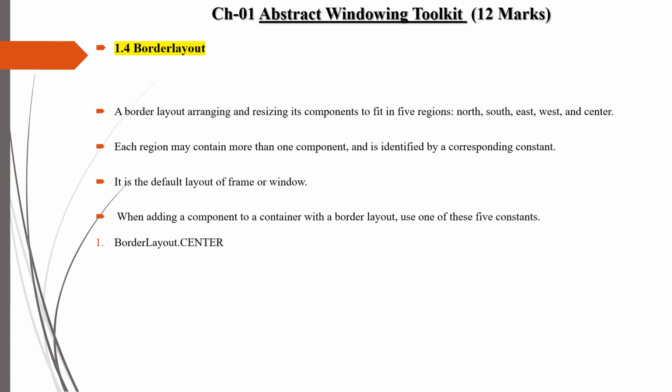The constants are: first, BorderLayout.CENTER, second, BorderLayout.SOUTH, third, BorderLayout.EAST, fourth, BorderLayout.WEST, and last one is BorderLayout.NORTH. So these 5 are the constants to set the position of a component. Remember one thing, CENTER, SOUTH, EAST, WEST and NORTH, these are in capital letters.